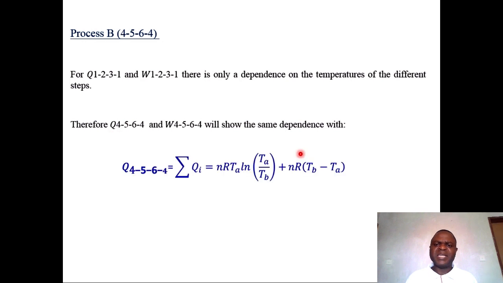If you follow process B, doing exactly what we did in process A, you get the same heat and the same work, because we are using the same temperatures TA and TB, which are parallel. So you get the same result.